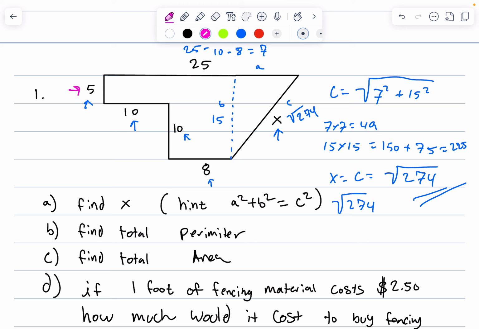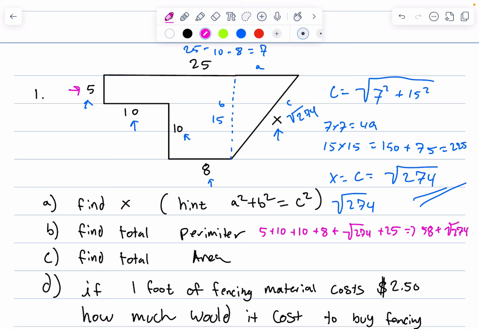That's 5 plus 10 plus 10 plus 8 plus the square root of 274 plus 25. You just add all of these up. So you're going to get 25, 50, 58, 58 plus square root of 274. Just leave it like that.